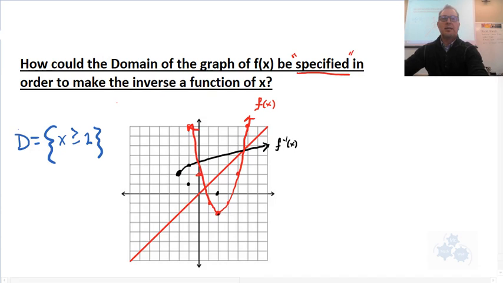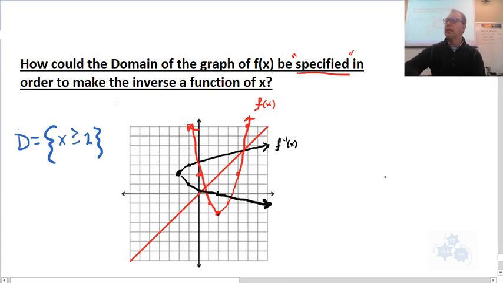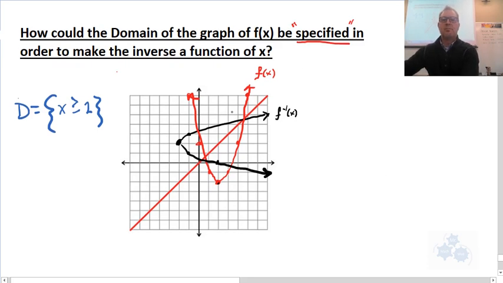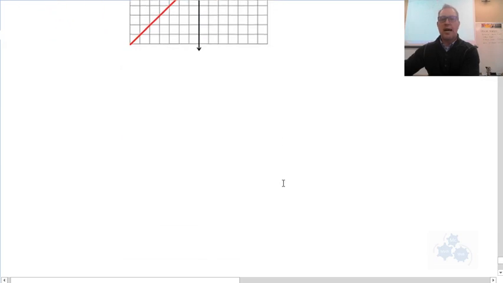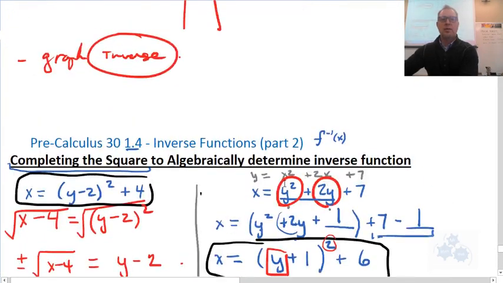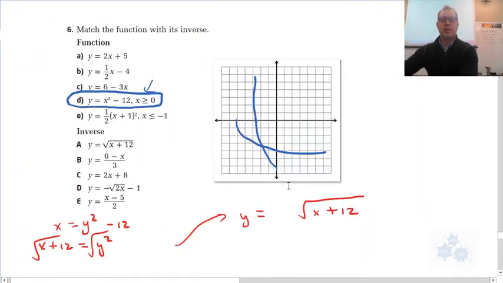If you leave it like it is, then the inverse will not be a function. Okay? So how can you specify the domain? Make sure it passes the horizontal line test. So just say, I'm only going to consider it on this part of the domain, therefore the inverse will be a function. Okay, so I just wanted to show you that, and your assignment then was up here.